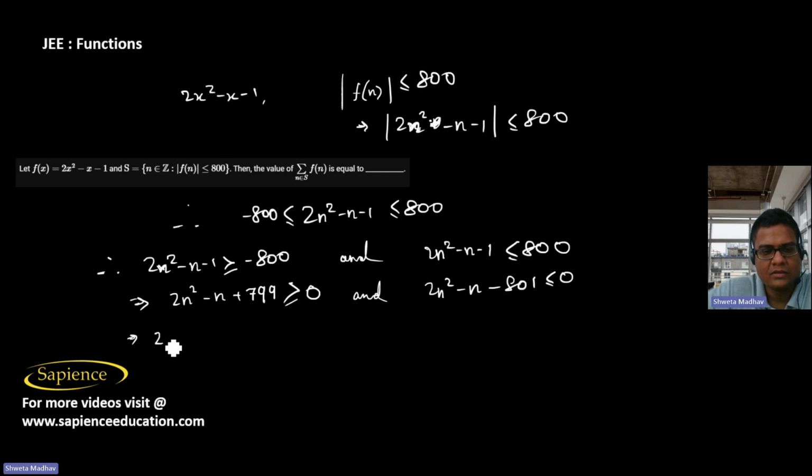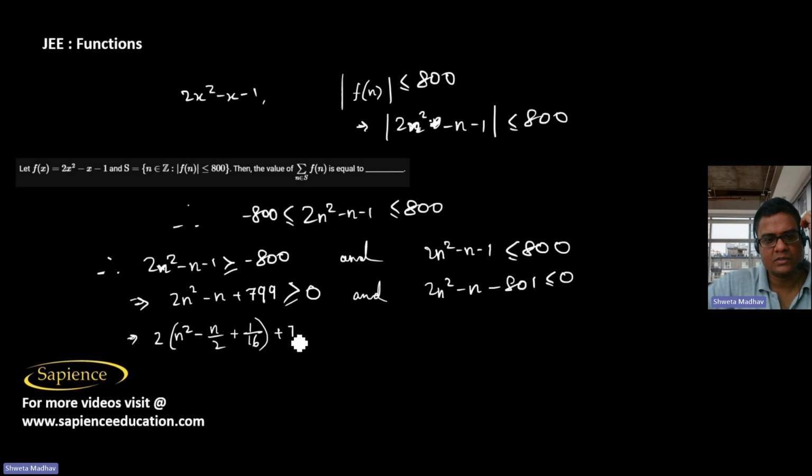That is, we can write 2 into n square minus n by 2, so 2 into n into 1 by 4. So we need plus 1 by 16, that is 1 by 8.